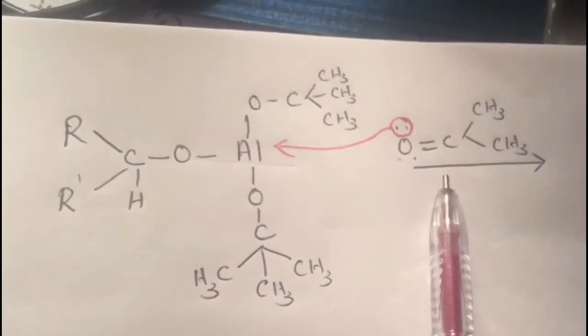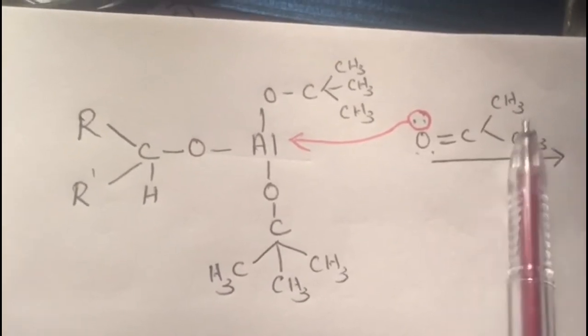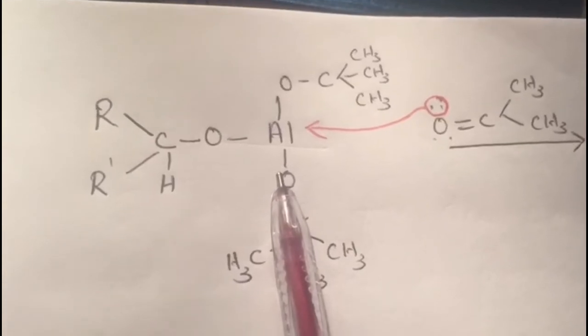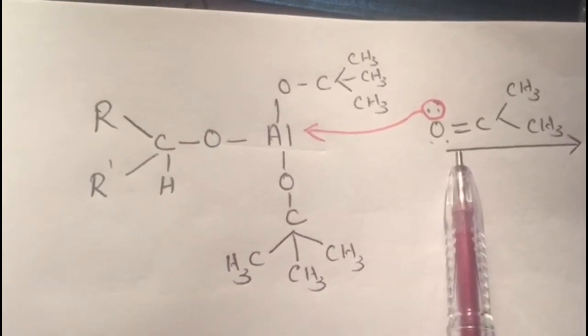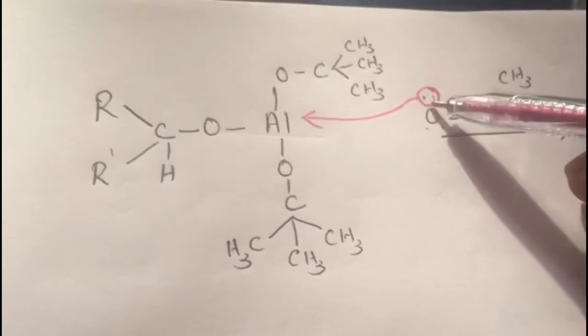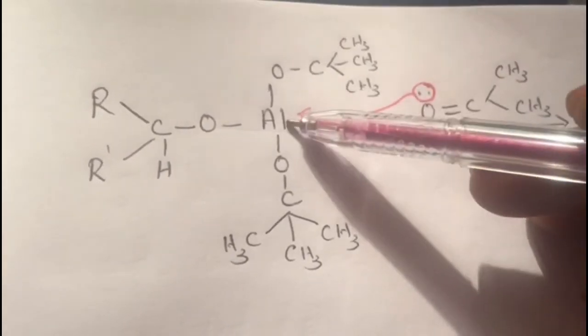That will be reacting with acetone, CH3COCH3. Here also this compound is a Lewis acid, electron deficient, so it will react with acetone. This oxygen has a lone pair of electrons, and this lone pair is used for bonding with aluminium.